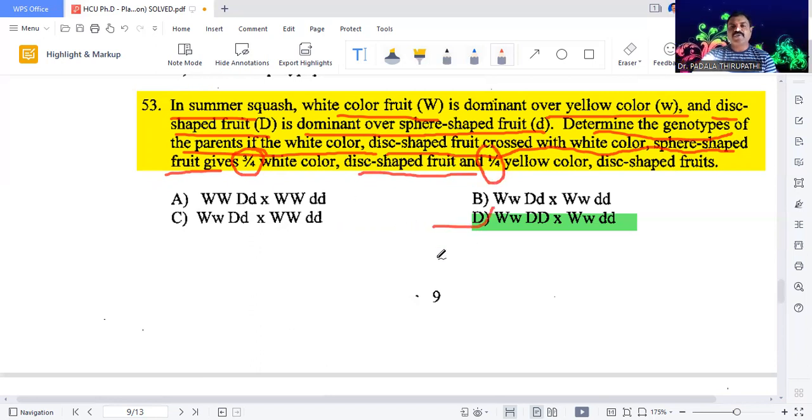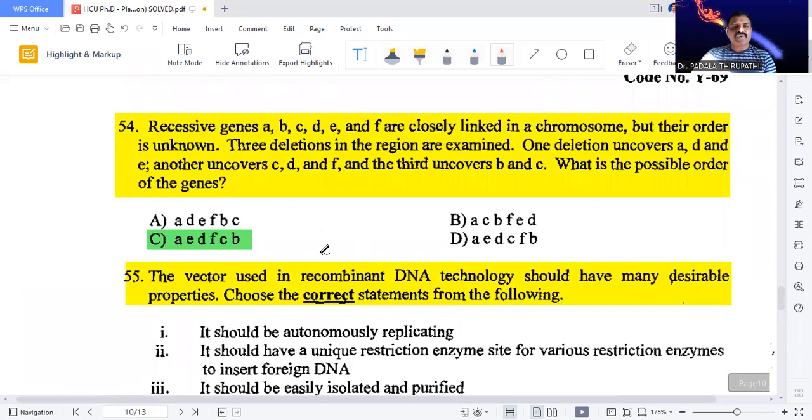That is Ww Dd crossed with Ww dd. And the 54th question: recessive genes a, b, c, d, e, and f are closely linked in a chromosome, but their order is unknown. 3 deletions in the region are examined.